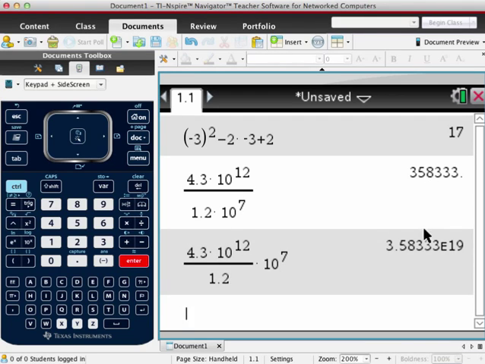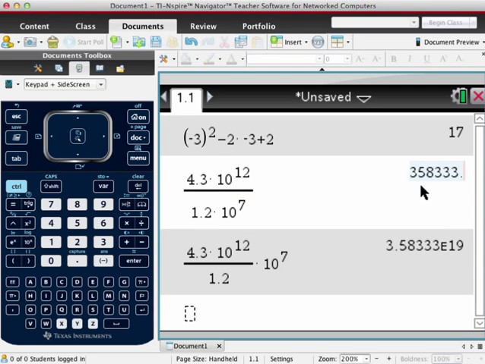Okay? These two numbers are very, very different. Here, you can see that the way I typed it in originally, the 10 to the 7th is now being multiplied instead of being divided, like it should be. And that introduces a factor of 10 to the 14, which is pretty big. So this is our answer right here.